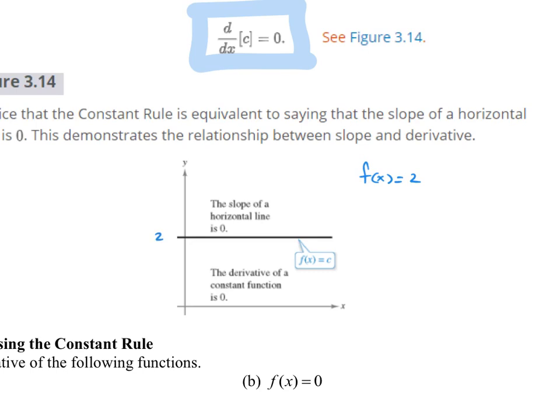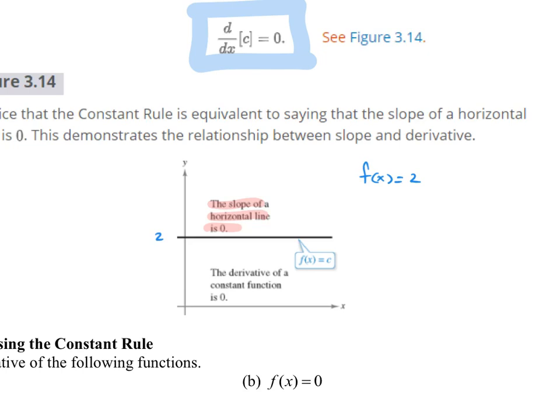So no matter what x value you pick, your y value is 2. If your y value is always 2, that would create a horizontal line. Well, we know the slope of any horizontal line is 0. No matter where you go, the slope of a horizontal line is 0. And if the slope is 0, that means the derivative is 0.